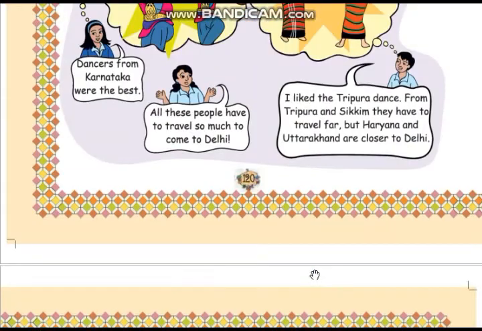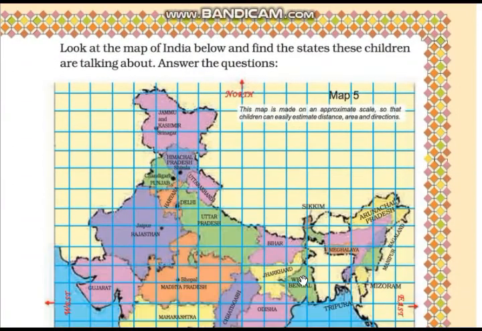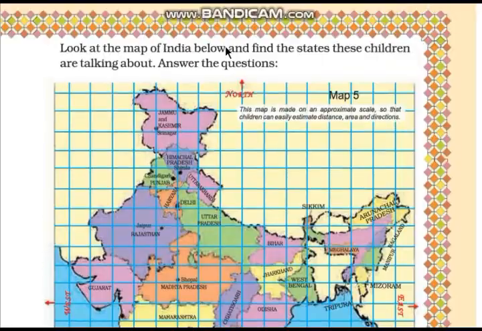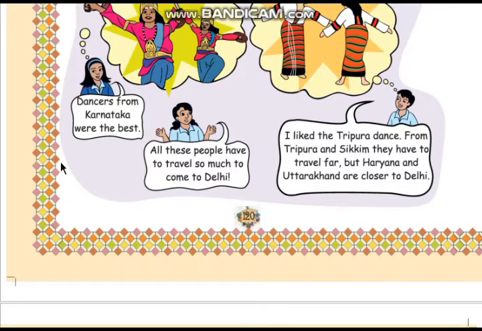So now let us move on to page number 121. Here look at the map of India below and find the states these children are talking about. Answer the questions. These children are talking about the states Karnataka, Delhi, Tripura, Sikkim and Uttarakhand.